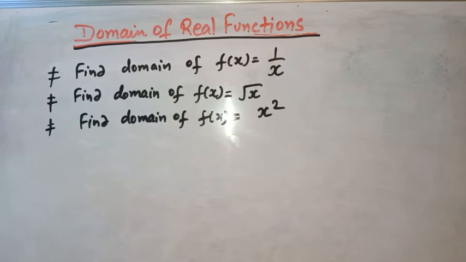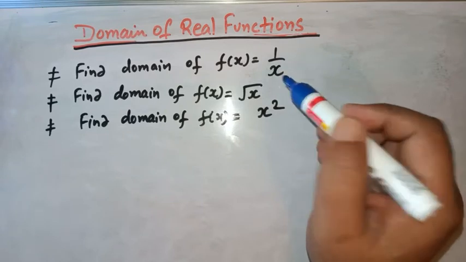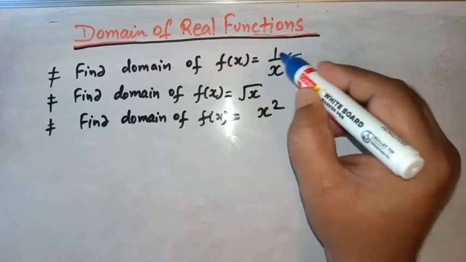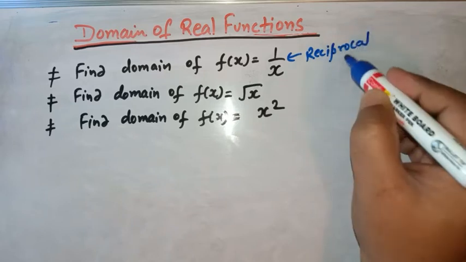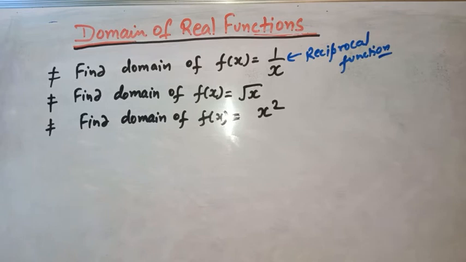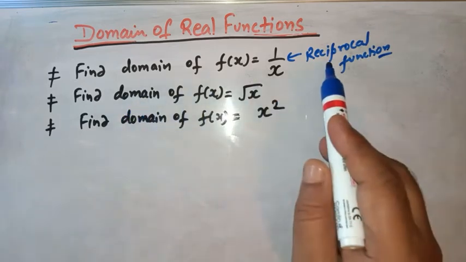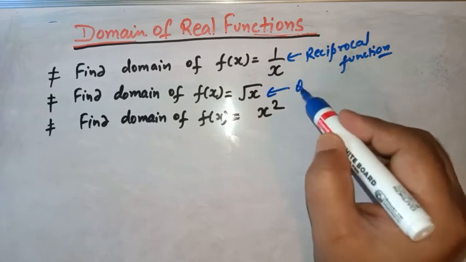Viewers, let us take these three problems. These three problems are the most conceptual problems. Here we have to find the domain of f(x) is equal to 1 over x. Now this is called the reciprocal function. We will discuss it later on in our videos.